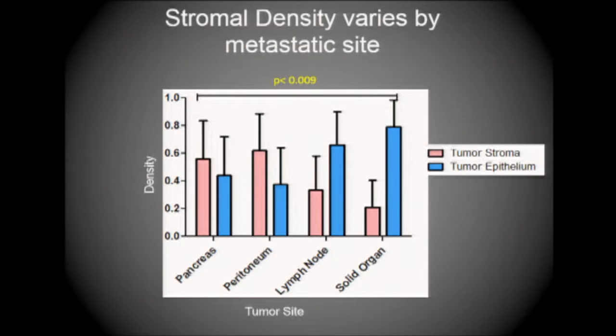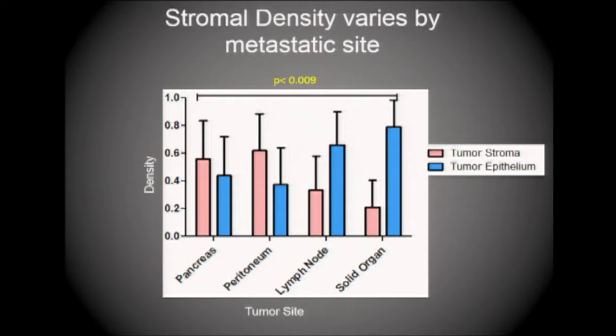I think the most striking example of its utility is actually just looking by metastatic and primary site. You can see that whereas many pancreatic primary tumors have abundant stroma, that is demonstrably less in solid tumor metastases by this metric, but interestingly about equal in peritoneal deposits for reasons we don't totally understand.